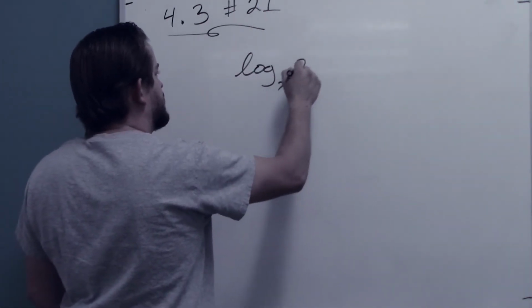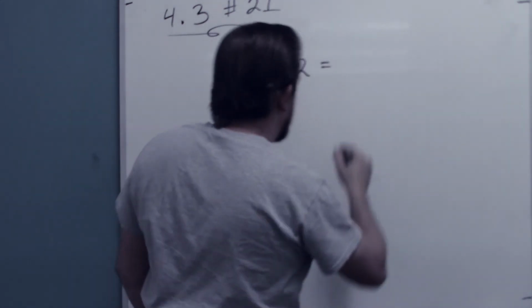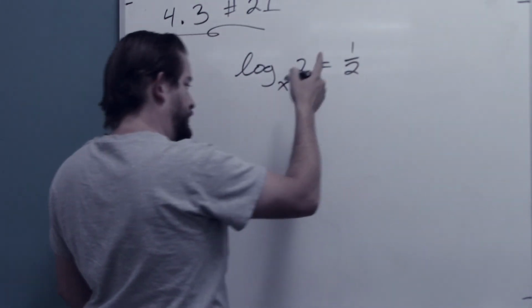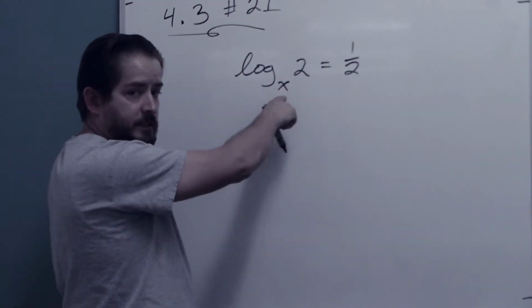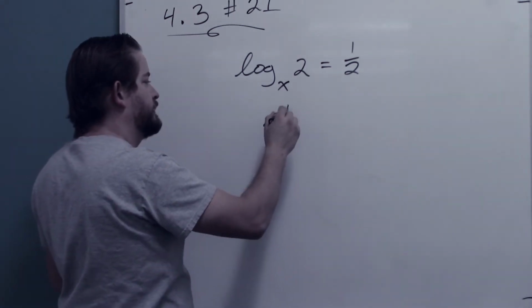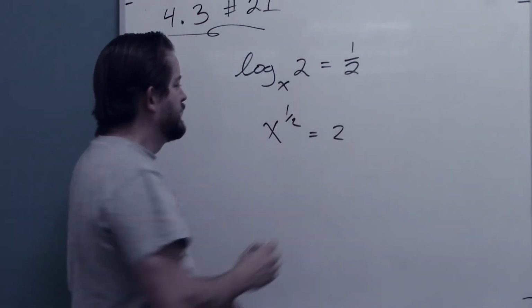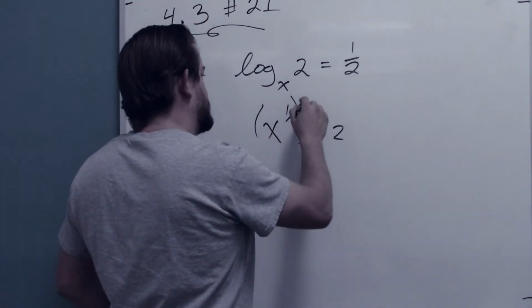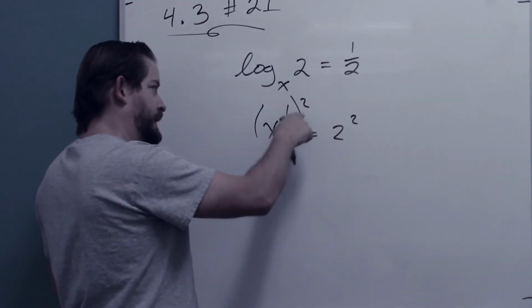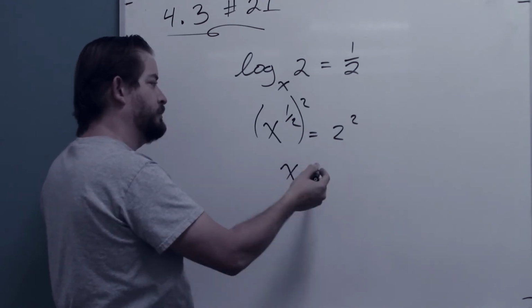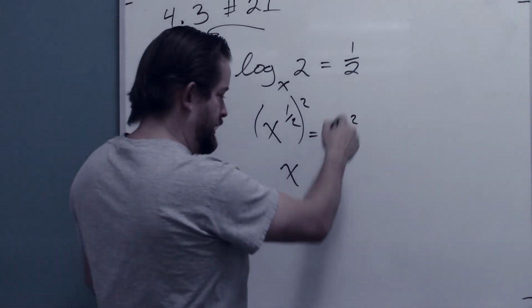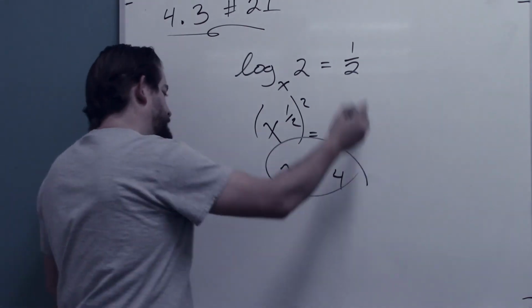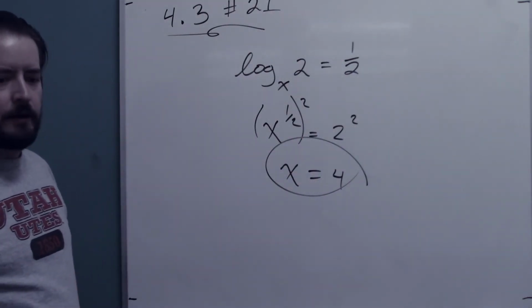If I rewrite this as an exponential, that's x to the 1/2 power is equal to 2. How do I get rid of this 1/2 power? Square, right? Take this to the second power, because 1/2 of 2 is 1. I've got my x to the 1 power. That's what I'm looking for. 2 squared is 4. Bam, done. And we're there.